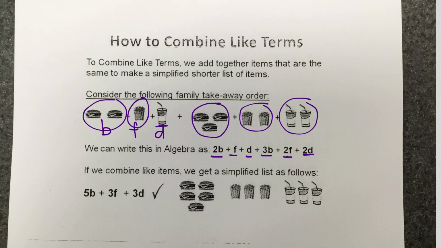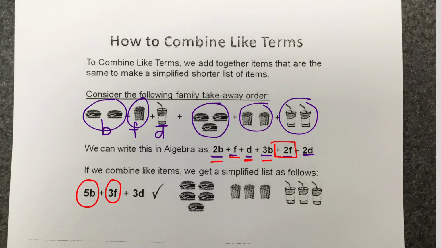Okay, I can combine these. What can I combine? What has variables that are the same? The burgers are the same, right? So I'm going to find the burgers. 2 burgers plus 3 burgers equals what? 5 burgers. Okay. Now, I have a fry, and there's a plus in front of it. So plus 2 fries is 3 fries.